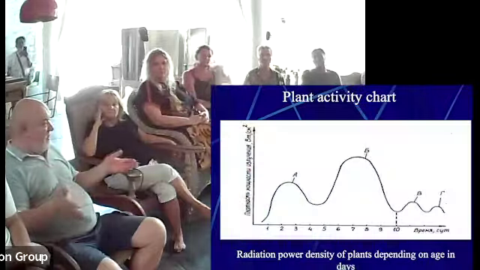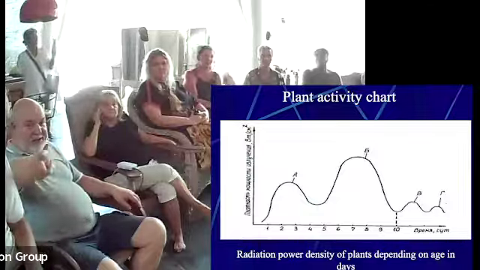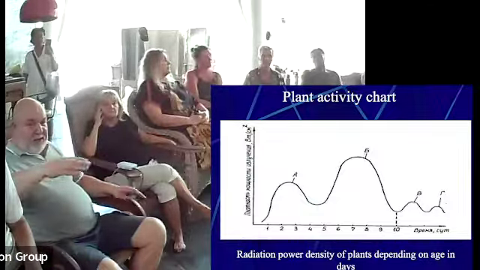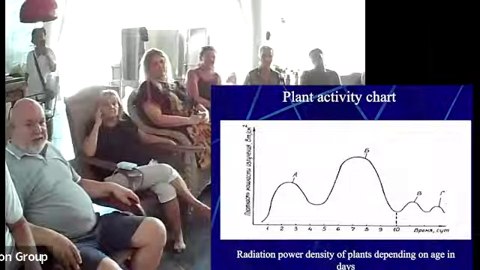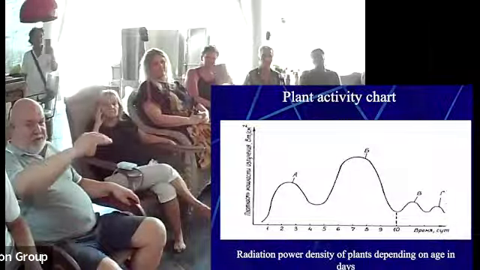It was rather big, 4 by 4 meters, with 2 parts of a sphere and rather many plants here. It was rather difficult to operate because there was much work to do. And this is a plant activity chart showing days along the bottom and activity up. And we have 2 maxima.